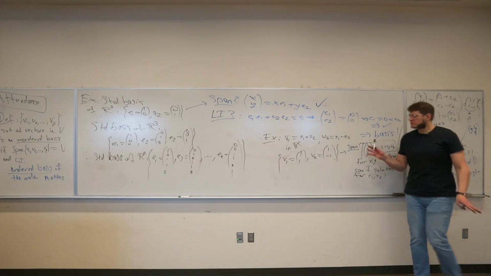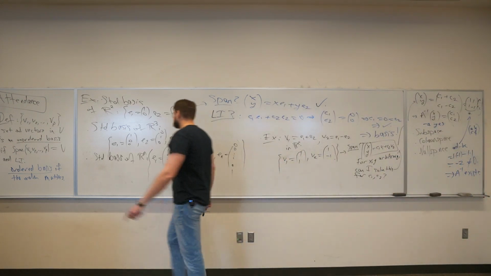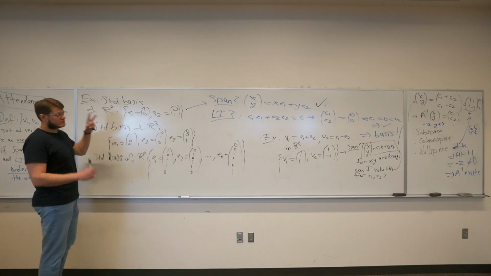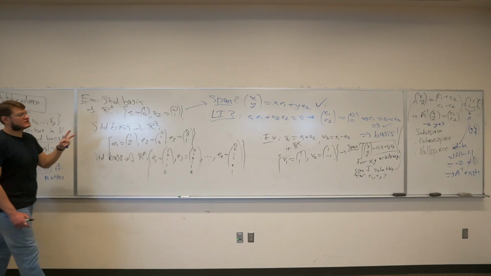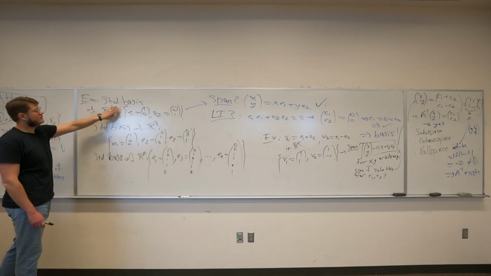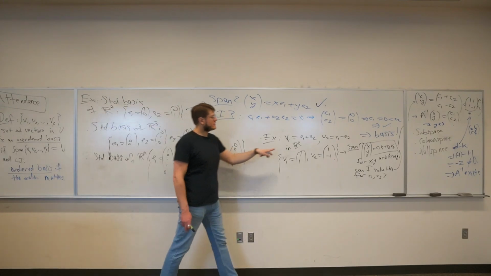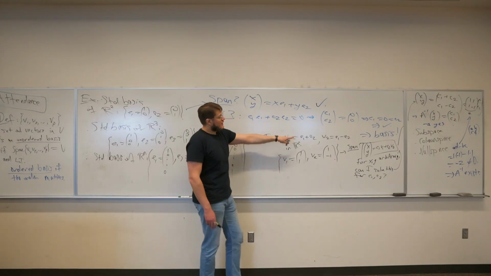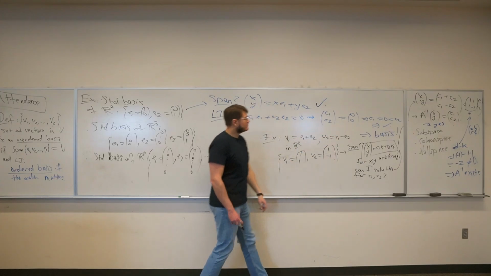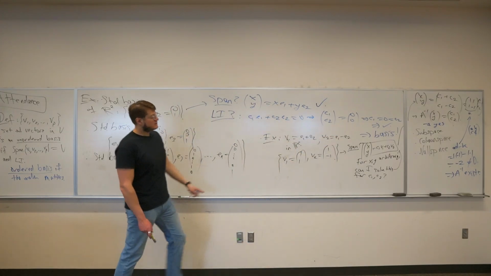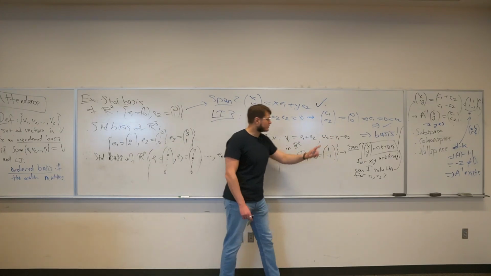So, slowing down, bases, okay? 2 conditions: span, linear independence. This was the standard basis for R2, 1, 0, 0, 1, but there are many other bases of the same space. For instance, if I add and subtract E1 and E2, I get these 2 vectors, 1, 1 and 1, minus 1.